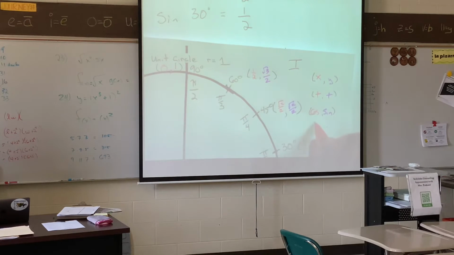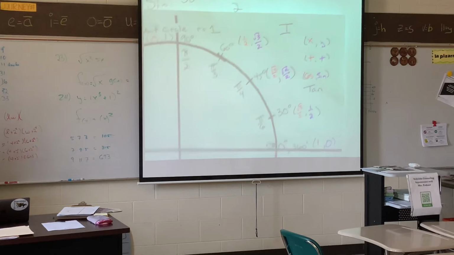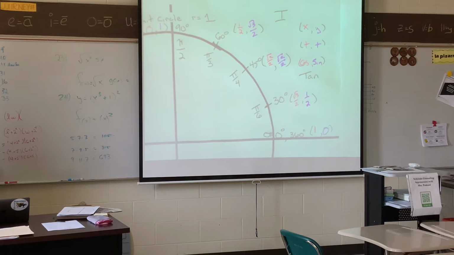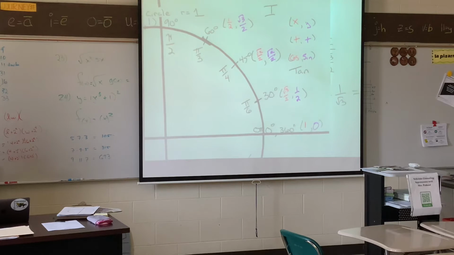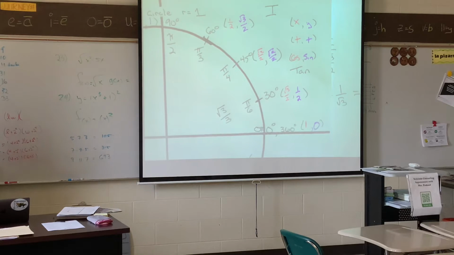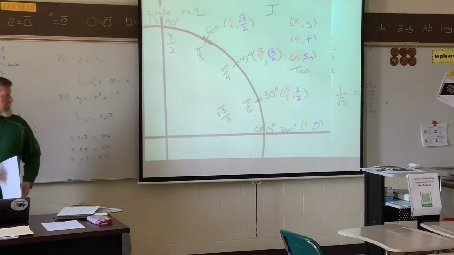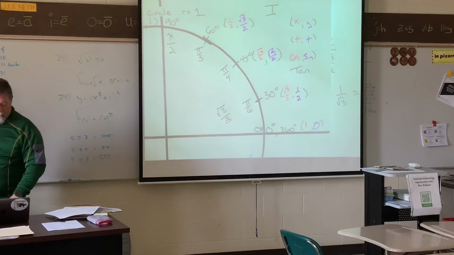So I am adding into this tangent in black, and I just calculated that tangent is the square root of 3 over 3 at 60 degrees. You just helped me calculate it.